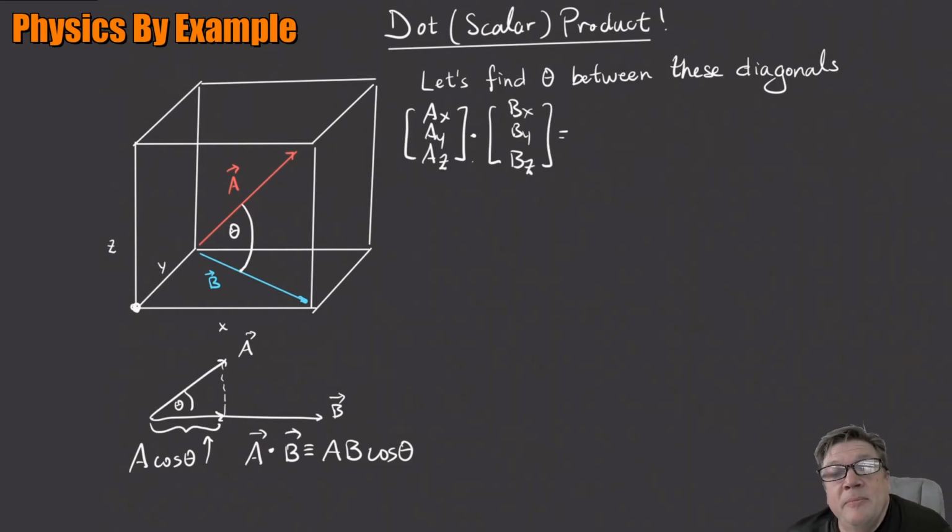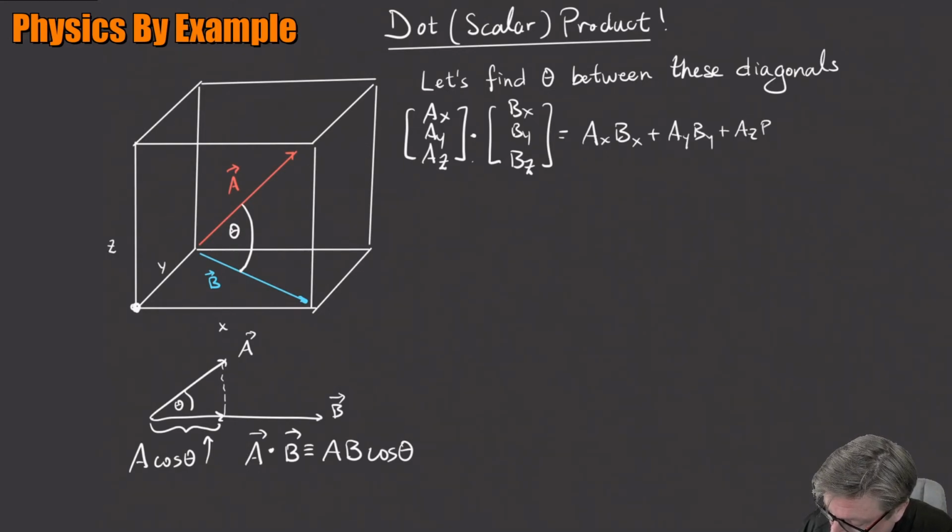The AB cosine theta, in some class or other, we're not going to do it here, you proved that this is exactly the same as if you just multiply the components and add them: AX BX plus AY BY plus AZ BZ. Those two things, multiplying the components together and adding them, and AB cosine theta, are exactly equal to each other. It's just two different ways of doing it. So here's what we're going to do.